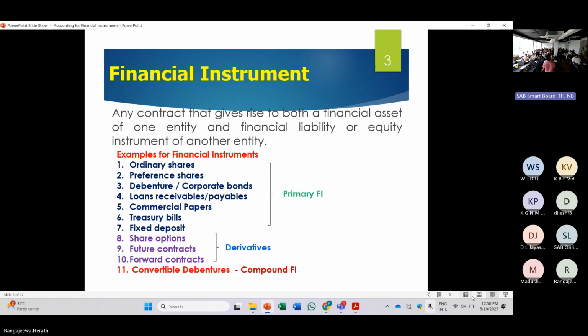We will discuss in our future topic, but I hope you all are aware of that. When one company acquires the majority of shares of another company, that investment is named as investment in, yes, subsidiary, right? The investment in ordinary shares, investment in subsidiary.